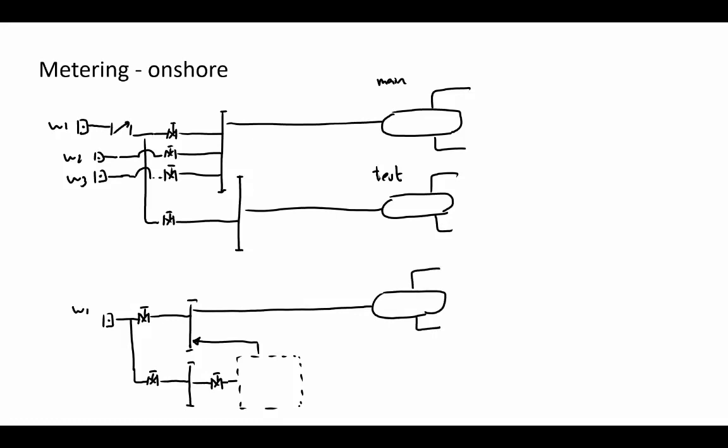You have the same configuration: the production manifold, the main header, the test header, and here a place where you can put your test separator. That can be a fixed installation or it can be portable, that we will see a bit now how it looks like. Then the production that you meter, you send it back to the main line.